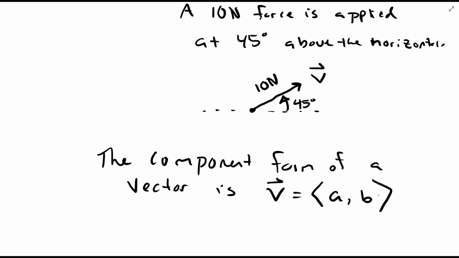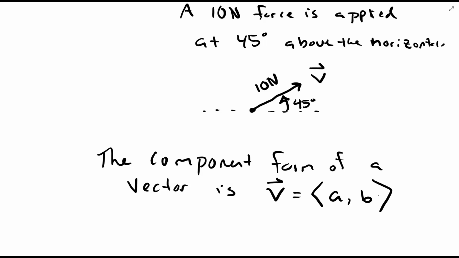We'll write our vector in component form using these wedge-shaped brackets, as opposed to parentheses. It's very important that you use that notation, because this is not the same as an ordered pair.